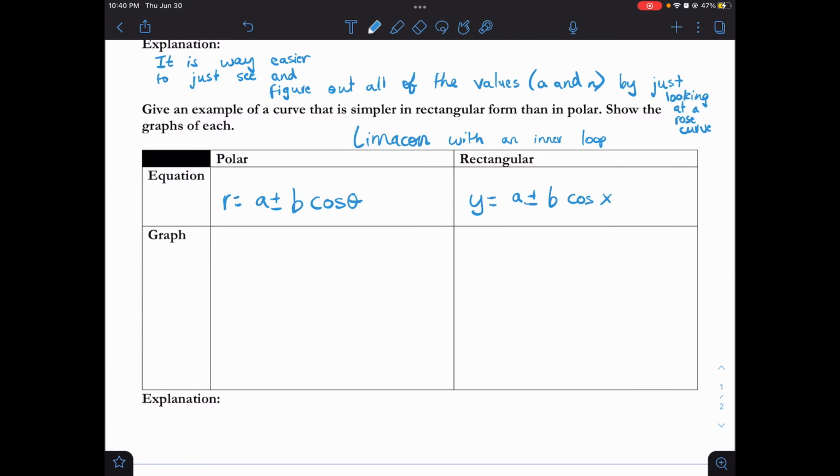But here, when we graph this, it looks something like this. Then we have a loop here. Not exactly like that, but like so, we draw a line and then we have a loop-de-loop like that.